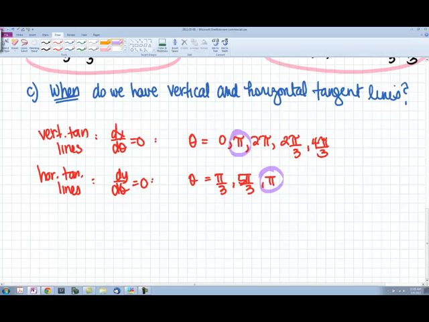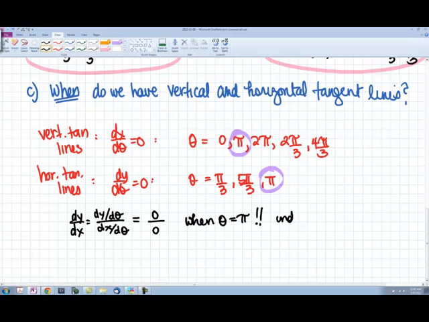Actually, no. So what this is telling us is that dy/dx, which is our dy/dθ and our dx/dθ, is a 0 over 0 when θ equals π. This is an indeterminate form.